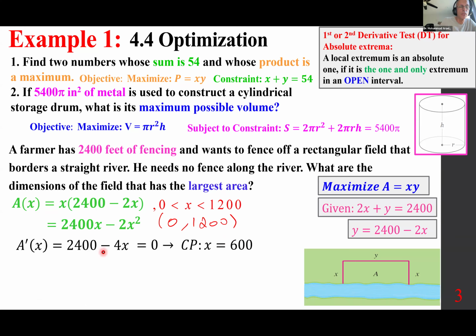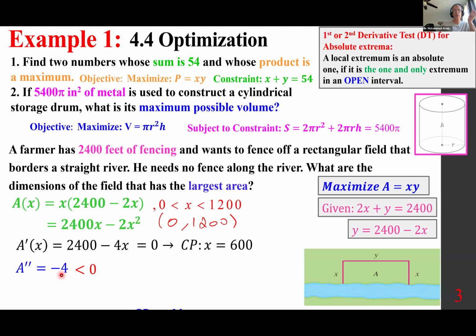Clearly, the second is easier because A'' is just a number, in this case, -4. The second derivative test says you plug in the value of the critical point, but it's independent of x. It doesn't matter. A'' is always -4, and what we care about is the sign. It's always negative.